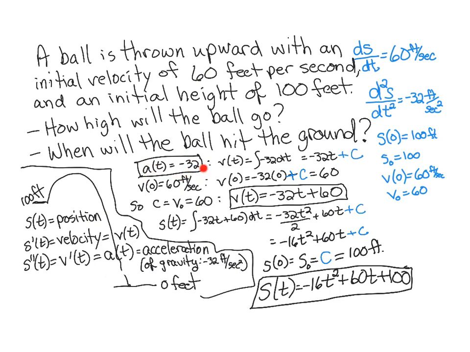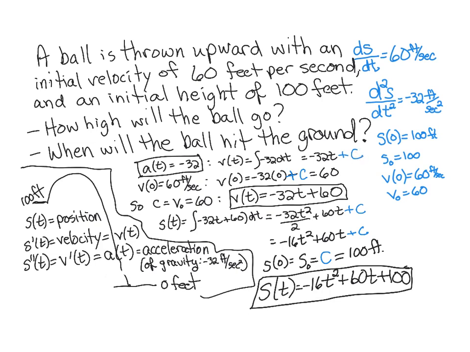We know that A of t is minus 32. If I integrate this, the acceleration is the derivative of the velocity. So velocity will be the antiderivative or integral of the acceleration with respect to time. So I integrate this with respect to t, and I get minus 32t, right? The derivative of the t integrated gives me a t, plus some constant.